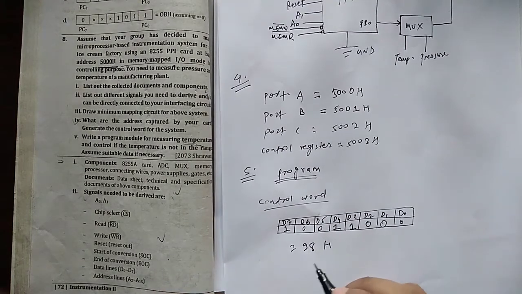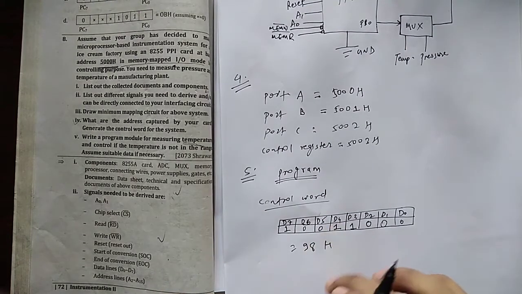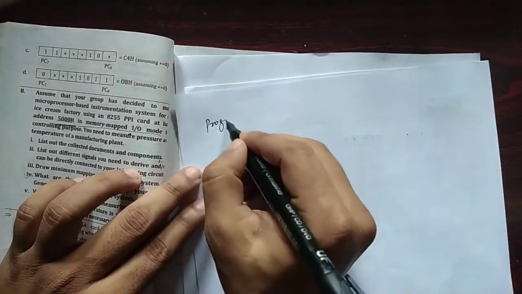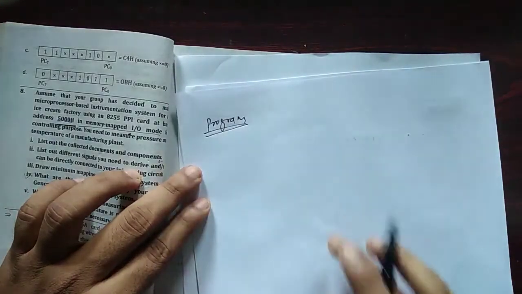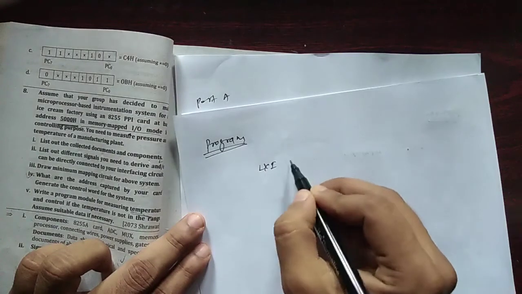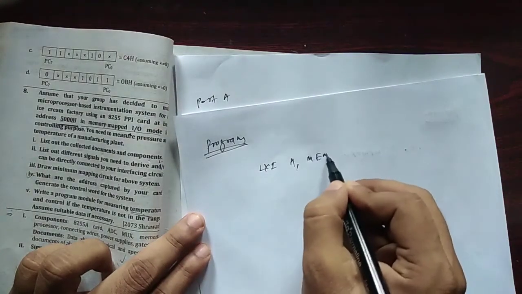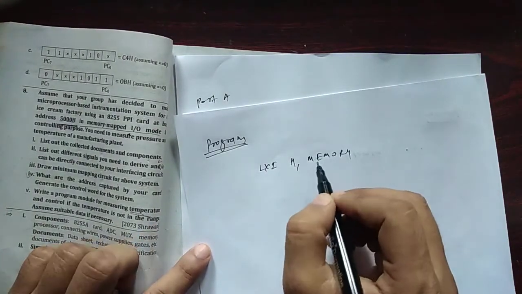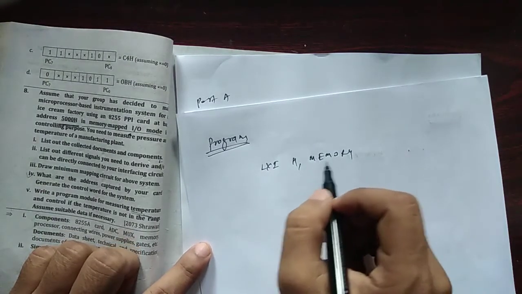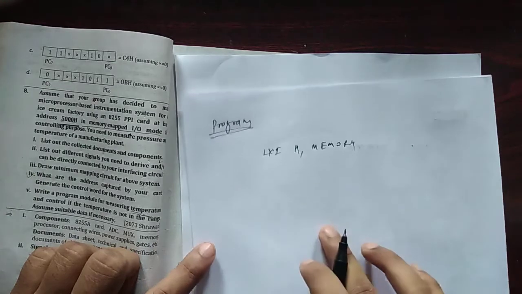So the control word is 98H. Now let's write the program. We need to initialize a pointer to store the read inputs into memory, so LXI H, memory. This is just a variable name; you can name it whatever you want, but name it something meaningful.